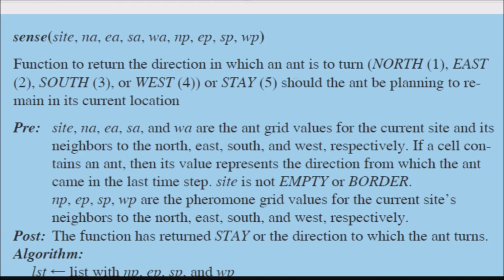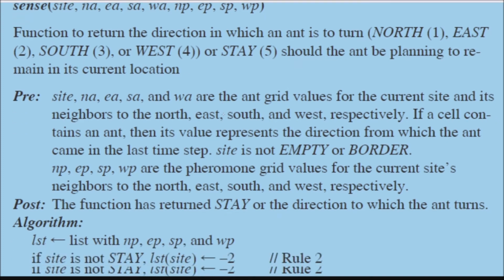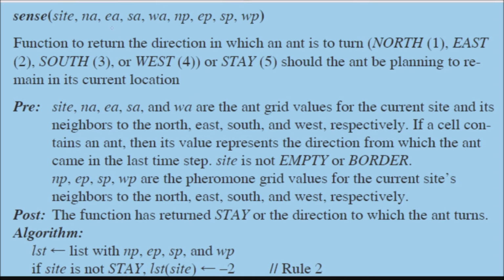And should the ant plan to remain in its current location, it is called stay, of course, or you just move. So what are the inputs? We have the site, NA, EA, SA, and WA: north ant, east ant, south ant, and west ant. So all these, north, east, south, west, are right here.